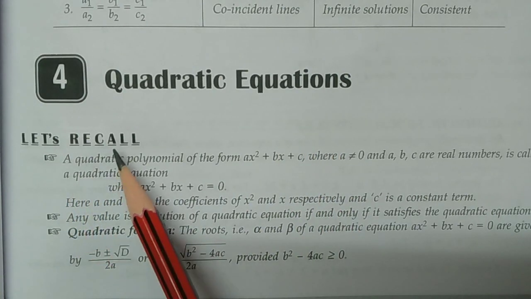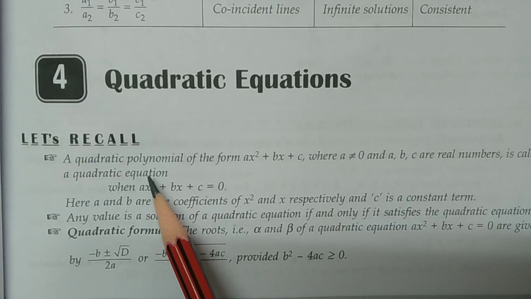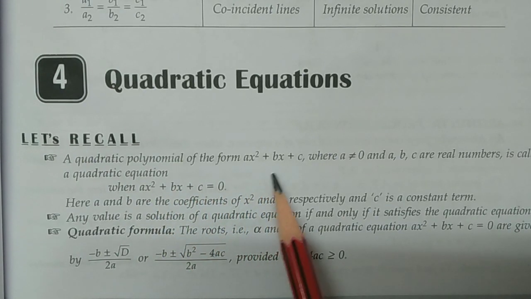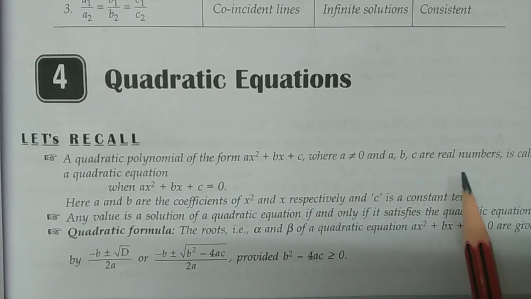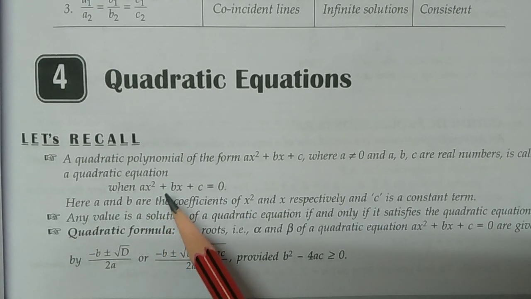Let's recall a quadratic polynomial of the form ax square plus bx plus c, where a is not equal to 0 and a, b, c are real numbers, is called a quadratic equation when ax square plus bx plus c equal to 0.